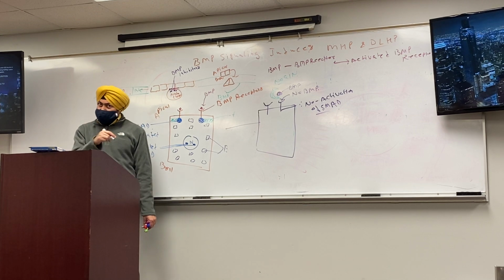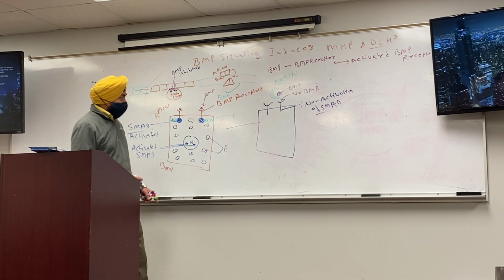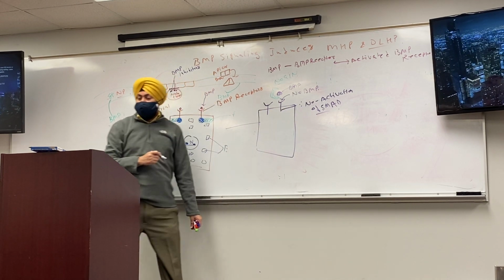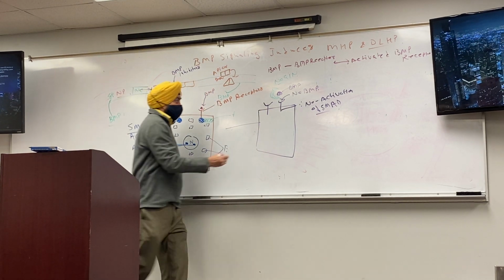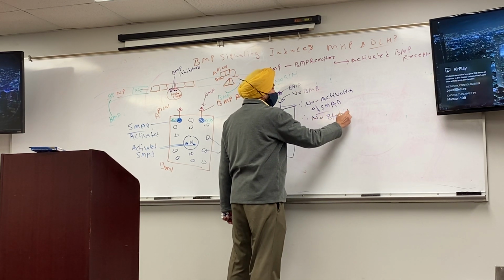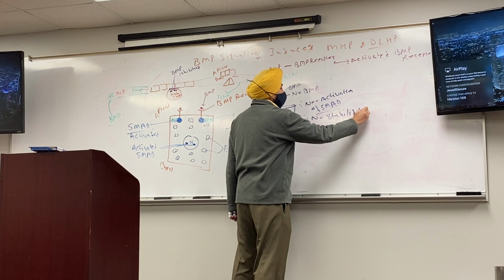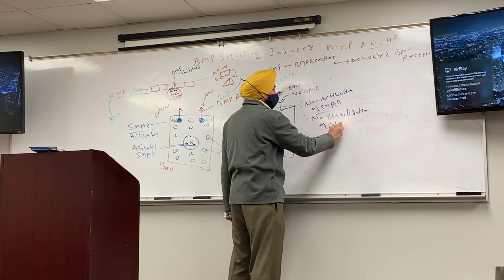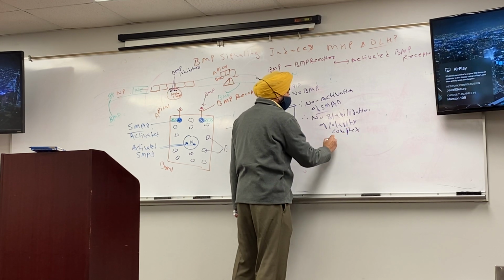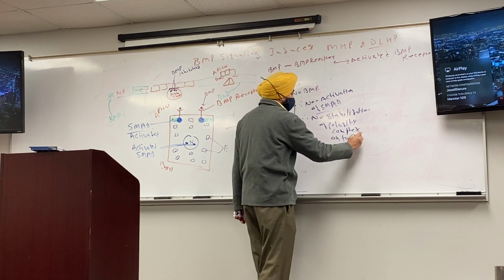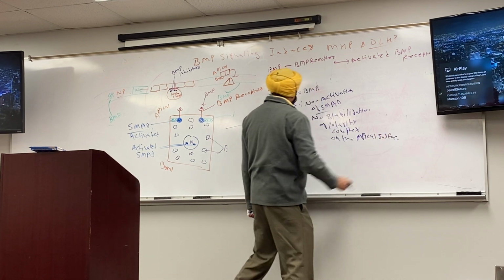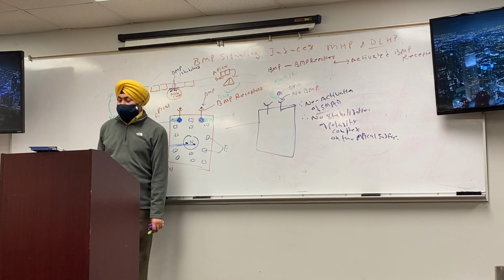If there is no SMAD there, then what is going to happen? That polarity complex cannot be stabilized at the apical end. Therefore, no stabilization of the polarity complex on the apical surface. So no stabilization of that.